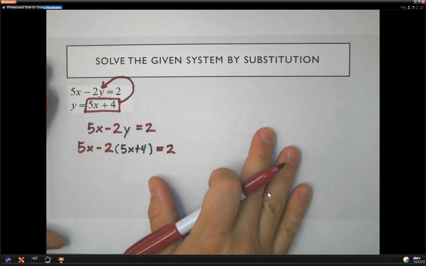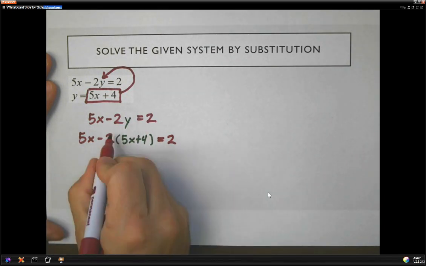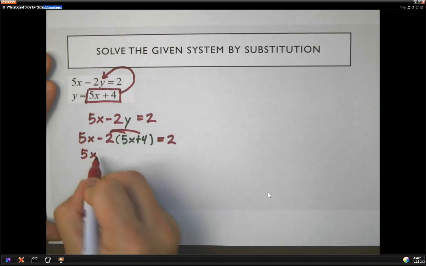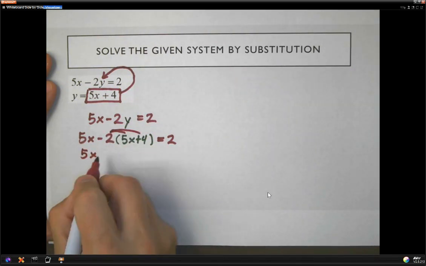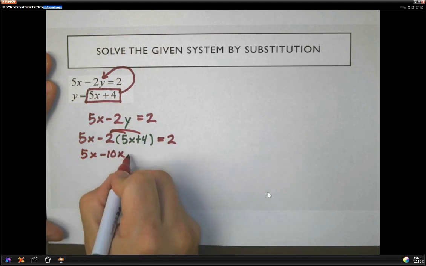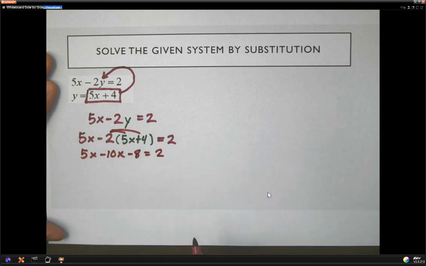So then I go ahead and simplify by doing my distributive property, combining like terms and inverse operations. So I start by distributing. I get 5x, and then negative 2 times 5x is a negative 10x. Negative 2 times 4 is a negative 8. And that's all going to be equal to 2.